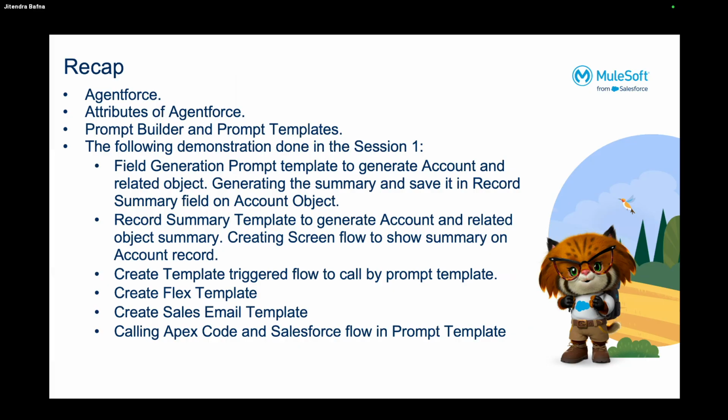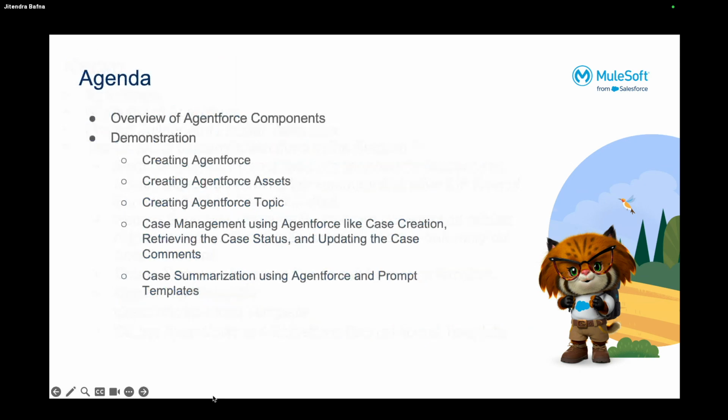Then we can call Apex code and Sales flow in the prompt template. So these are the things we have seen. I already posted a link in the chat where we are uploading all our recordings, so you can go through those recordings if you want to learn all these things.